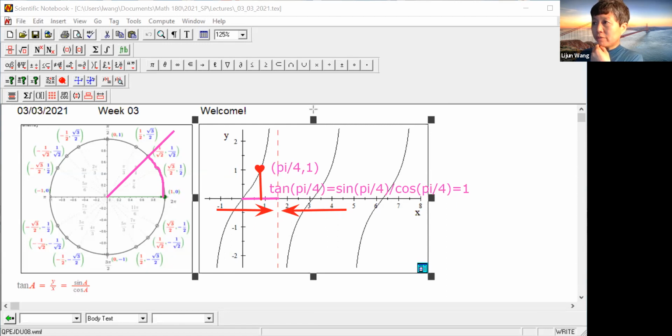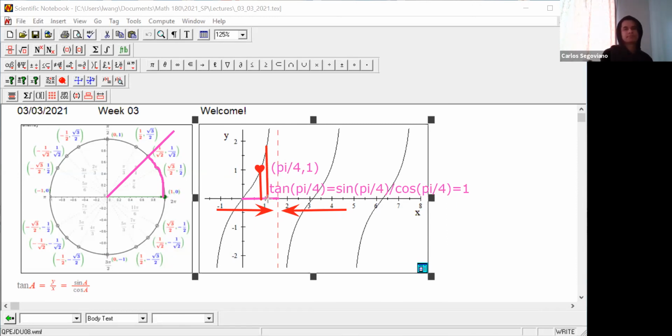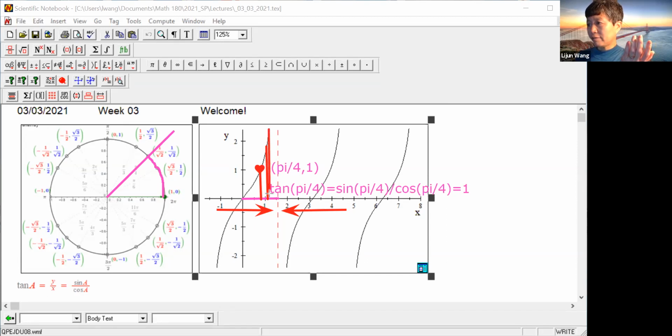So every one of these is a tangent value. This is a tangent of 60, and this is a tangent of 75. It keeps going higher and higher. So all these red bars are the tangent value.